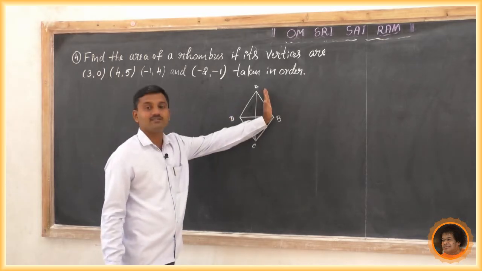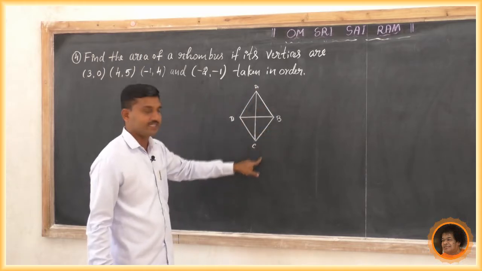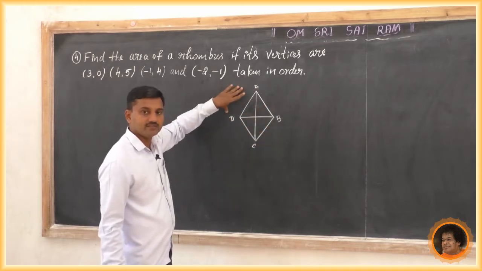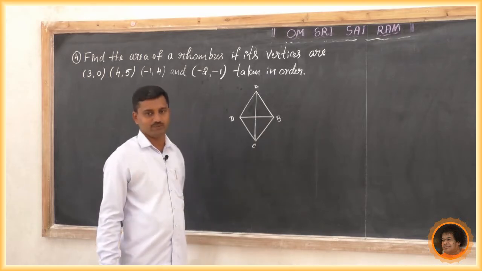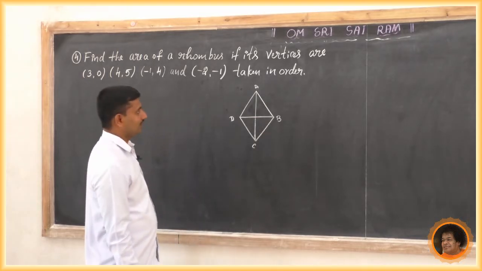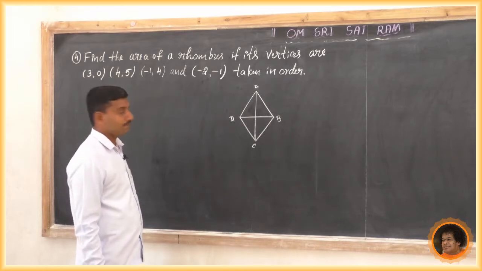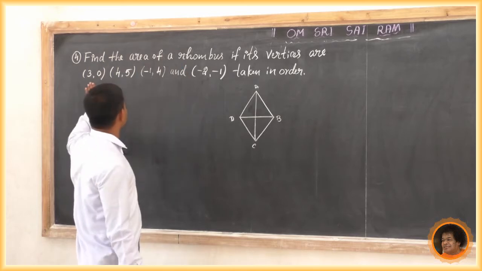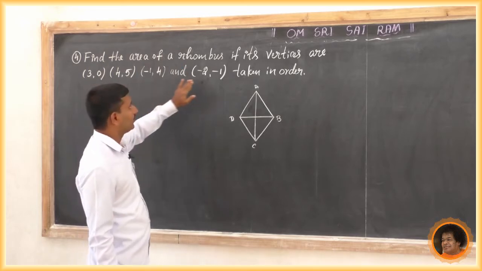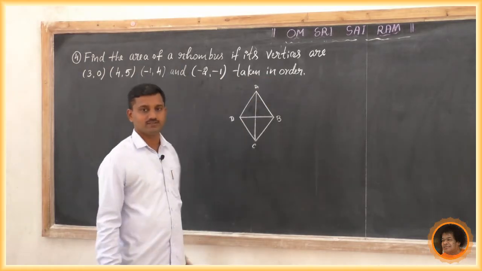Opposite sides are parallel: AB is parallel to CD and BC is parallel to AD, and all the sides are equal. In the rhombus, all the sides are equal. Diagonals bisect each other. So find the area of the rhombus if its vertices are 3, 0, 4, 5, minus 1, 4 and minus 2, minus 1 taken in order.